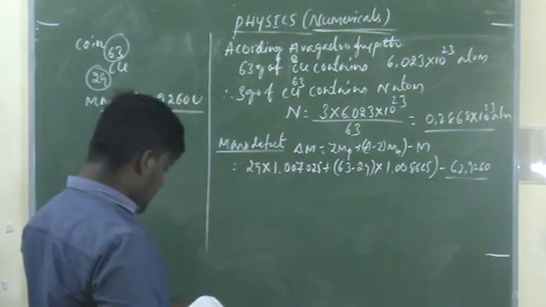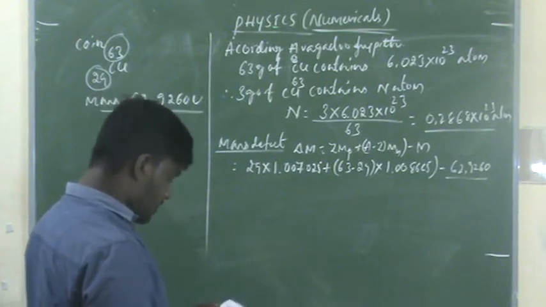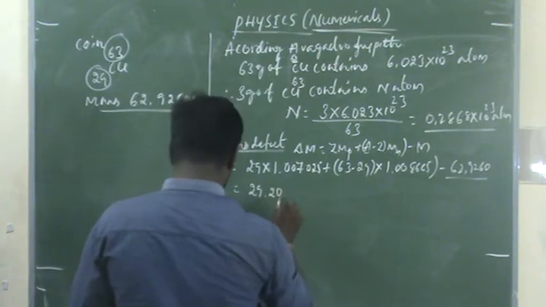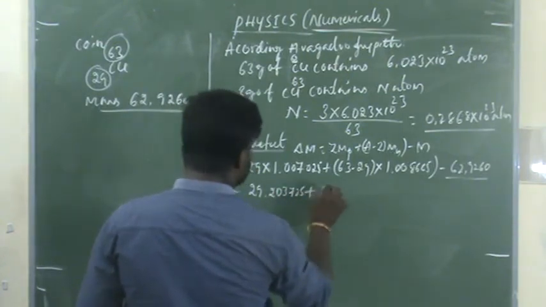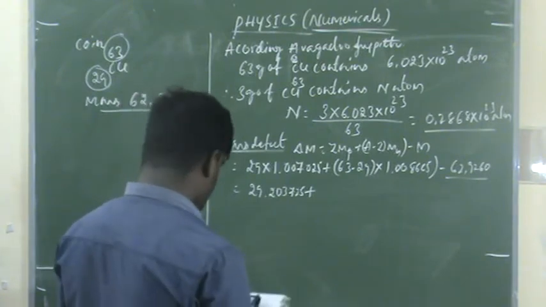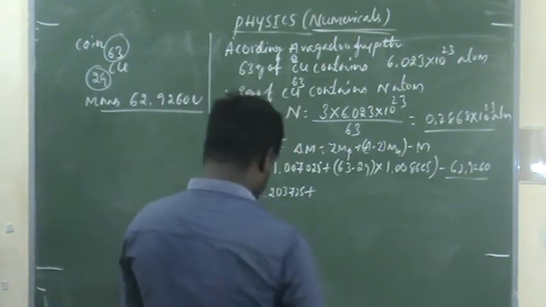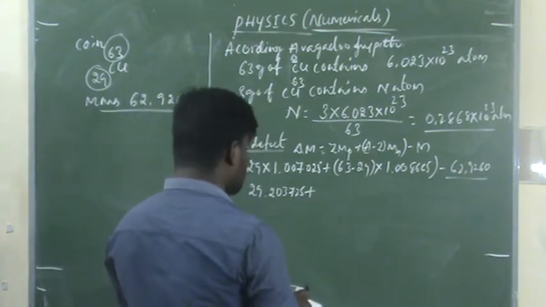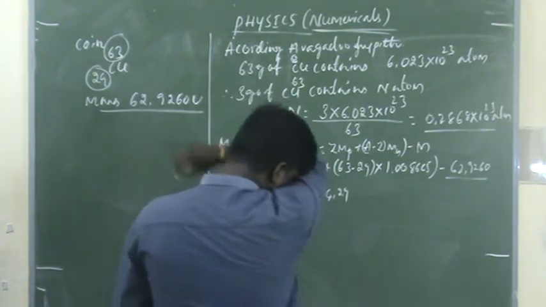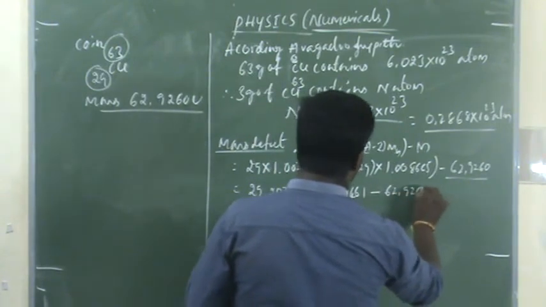Simplify that. 29 into the mass of the proton, 1.007025, is 29.203725, plus 63 minus 29, that is 34, into 1.00865, which is 34.2946, minus 62.9260.